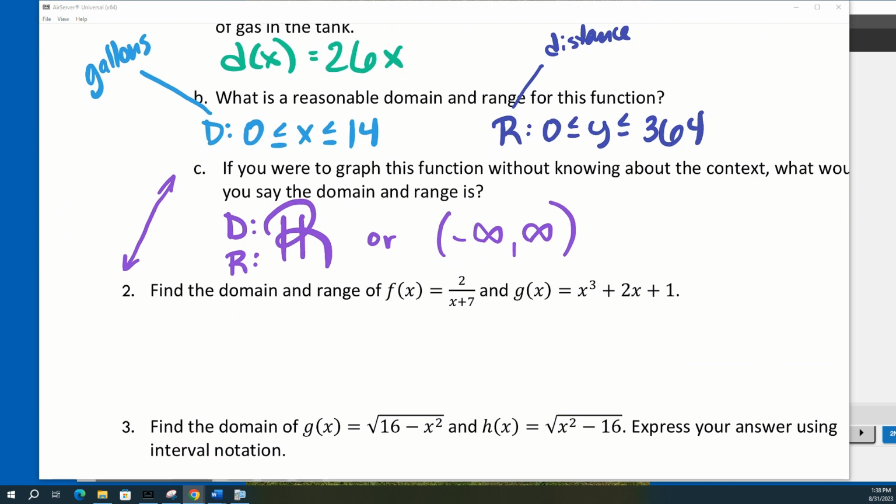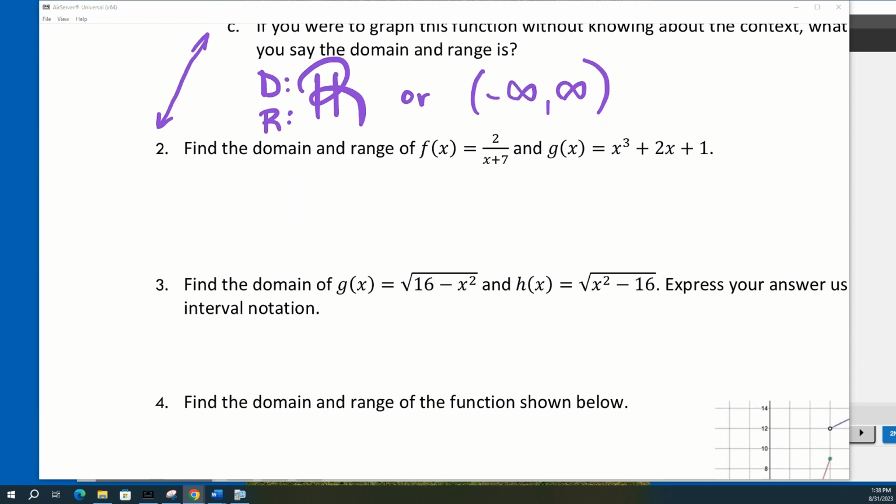All right. So let's look at number 2. We can look at the graph if you want to for this. But if you wanted to find the domain just by looking at f, what do we have to watch out for? 0 in the denominator. So there's 2 things you have to watch out for: 0 in the denominator, and a negative under a square root.